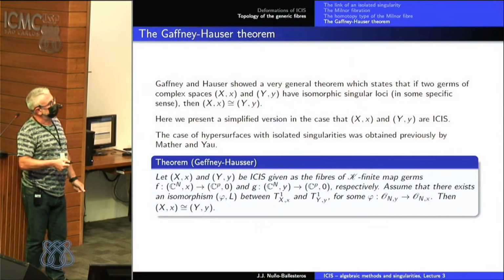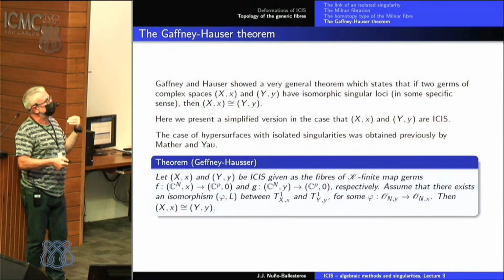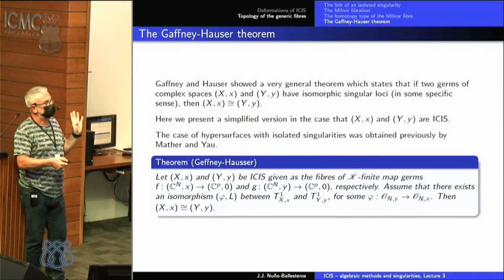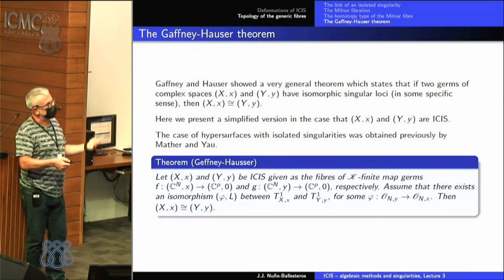Here, this is an isomorphism phi which comes from a diffeomorphism from Cn to Cn, but of course this diffeomorphism, in principle, doesn't preserve the ICIS, because if not, the theorem is trivial. So you have to prove that, okay?